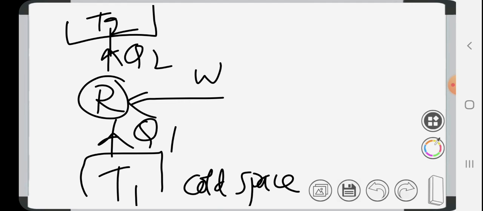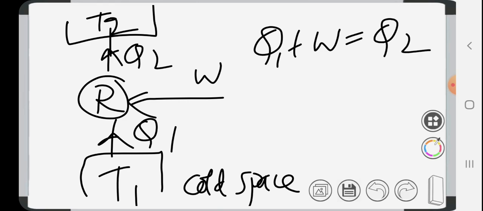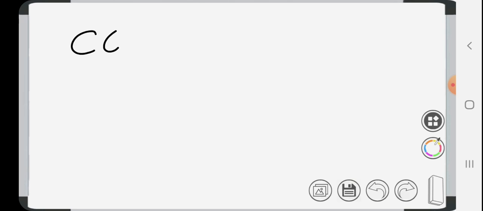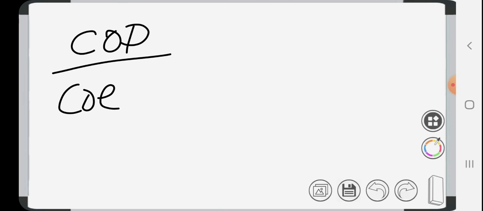So here by the first law we can write that Q1 plus W will be equal to Q2, right? So here we will define a parameter called COP. What is COP? Coefficient of performance.